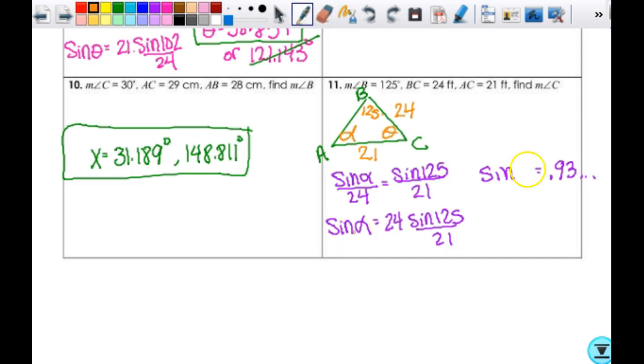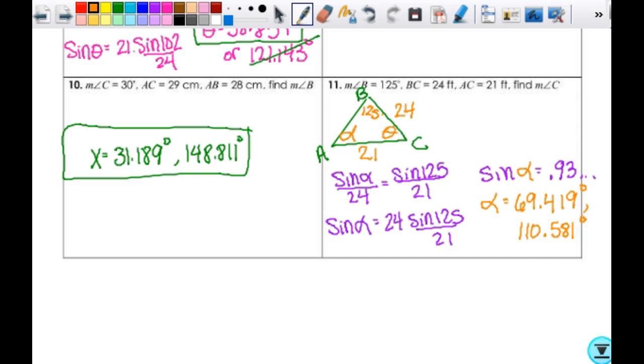So this is the sine of alpha, which means your alpha angle is 69.419 degrees, or I have to subtract that from 180, 110.581 degrees. Now, in the end, I want theta, not alpha, but I have to finish the whole process with alpha before I can worry about theta.